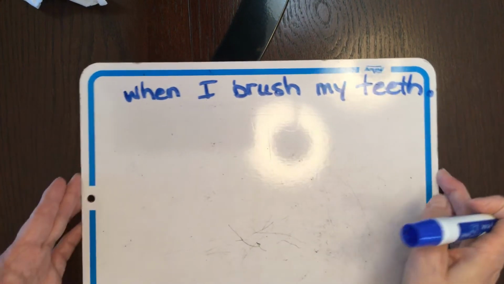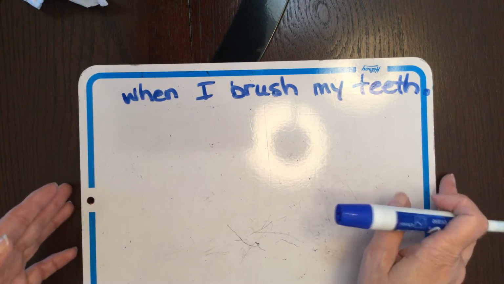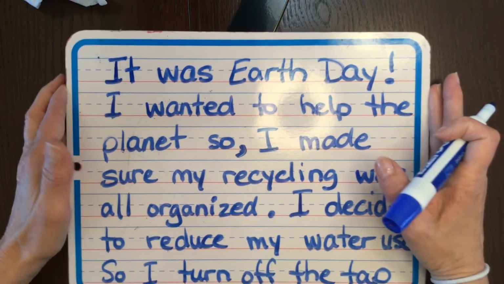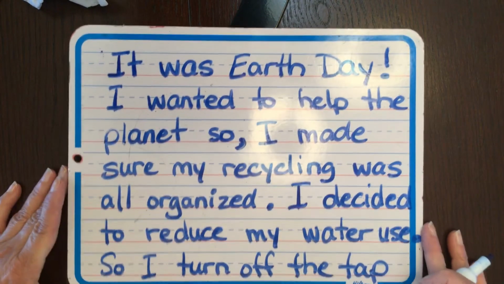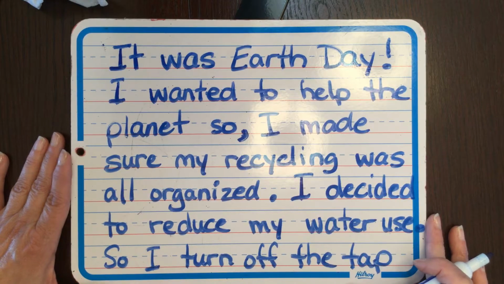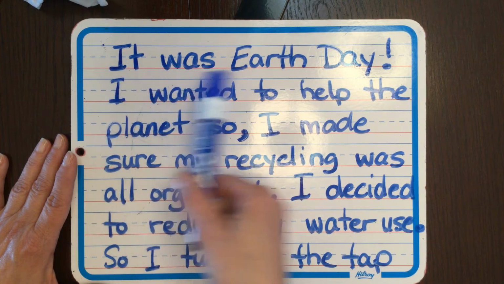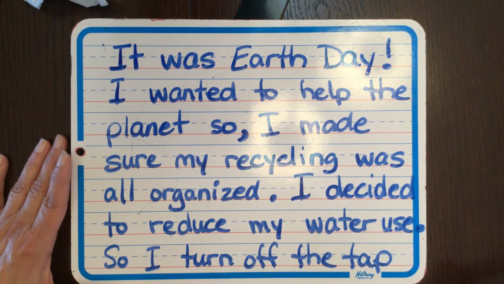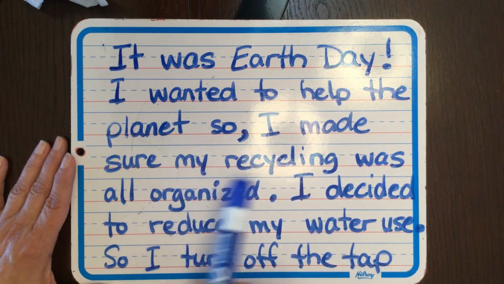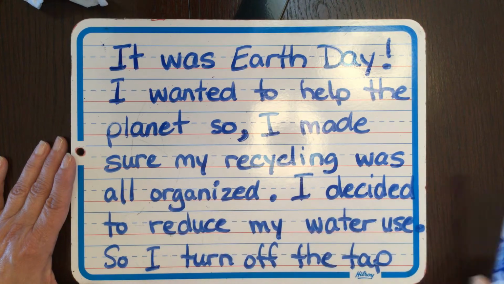Let's go back and read over what we have so far. It's good to do that when you're writing a story to make sure you're staying on track. Remember, we want to write a story that has a beginning, a middle, and an end that uses the words reduce, reuse, and recycle. It was Earth Day. There's my beginning sentence. Now I'm into my middle. I wanted to help the planet, so I made sure my recycling was all organized.